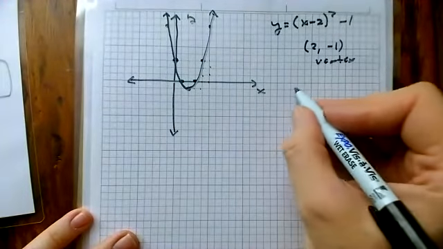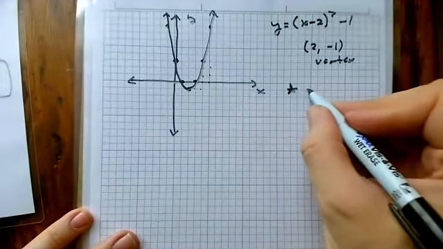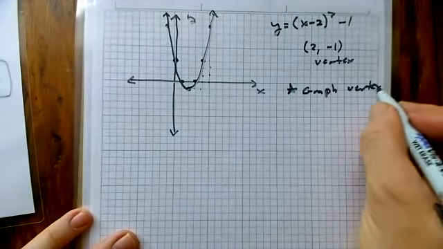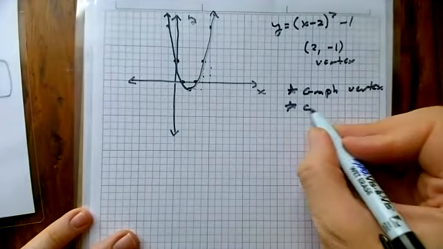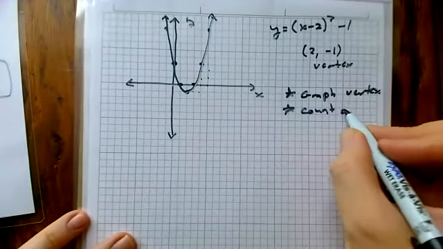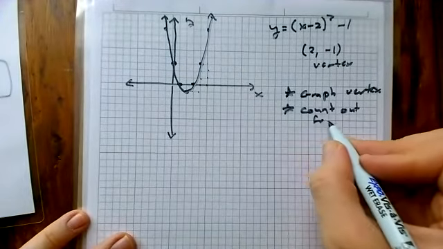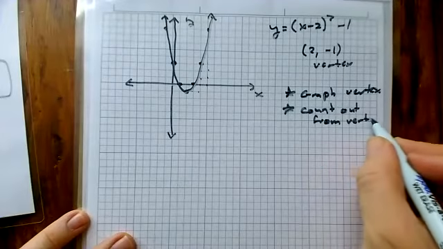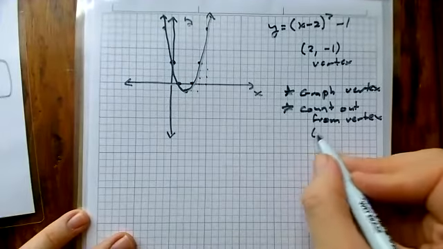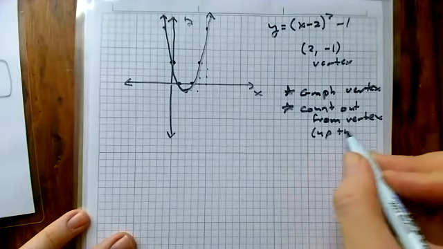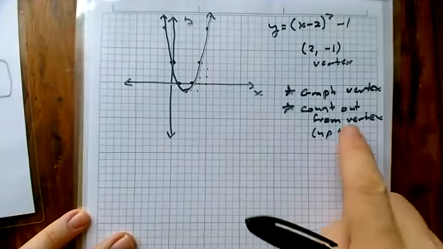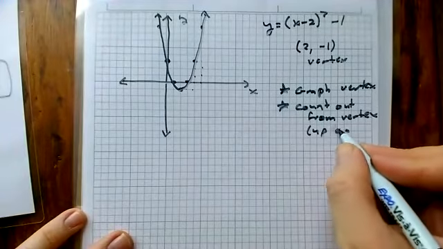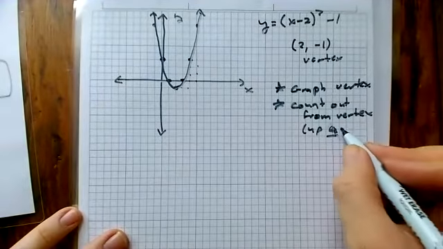So remember, you're going to graph your vertex. Then you're going to count out from the vertex and then up a times the square.